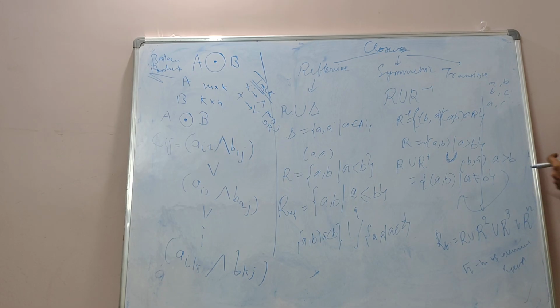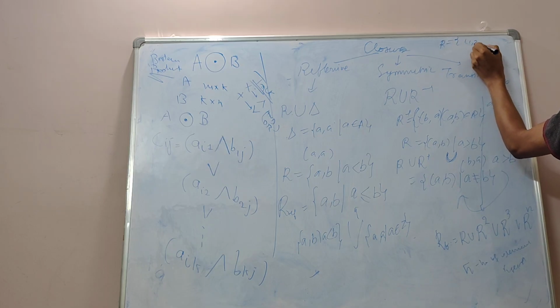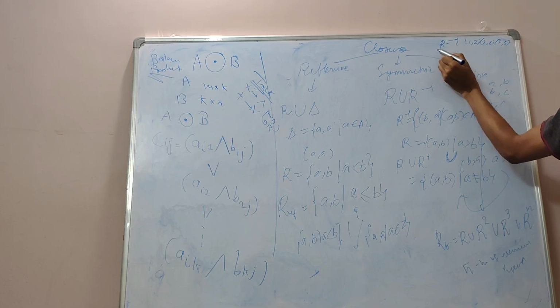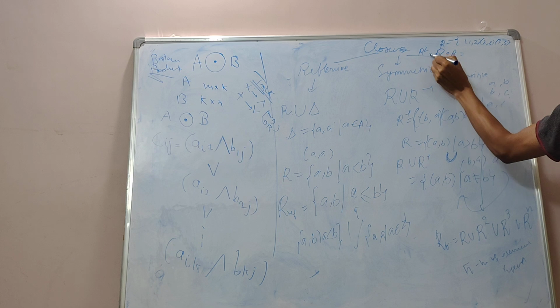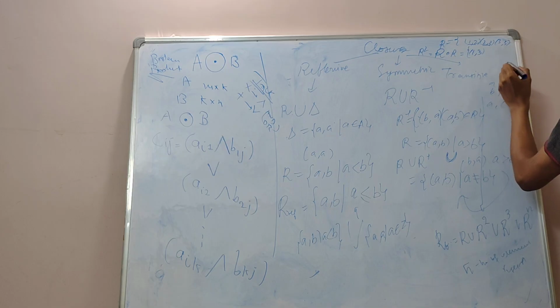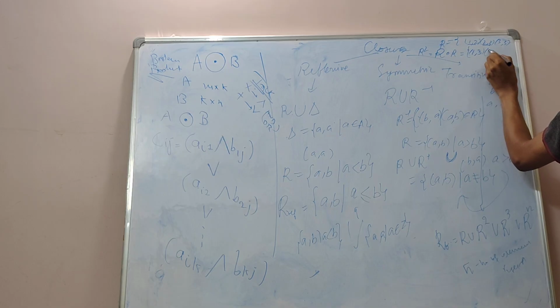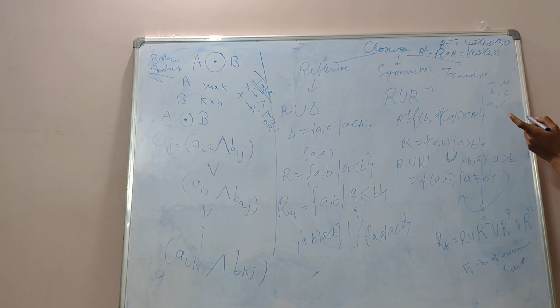So suppose I take an example. I have R as (1, 2), (2, 3), (3, 3). So R composed with R, that is R square, will give me, right, (1, 2) and (2, 3) is there, so I will have (1, 3), and then (2, 3), (3, 3), and (3, 3).